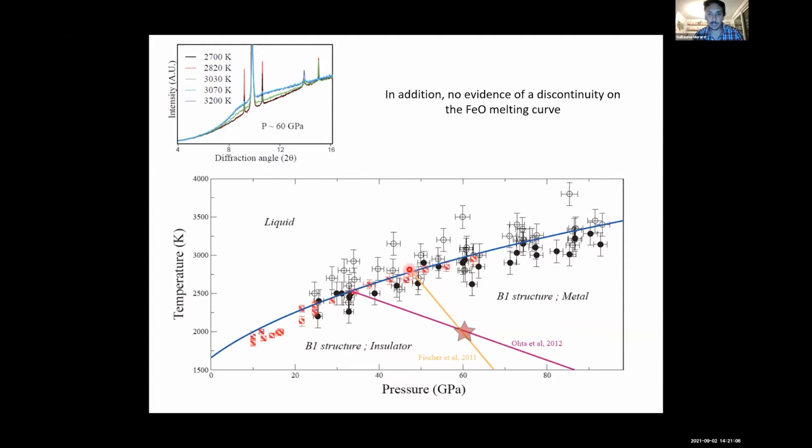Here is the insulator to metal transition in the B1 structure, and we do not see any kink or any signature of this transition on the FeO melting curve. So it's quite interesting to see that there is no sign of any effect of this transition on the FeO melting curve.